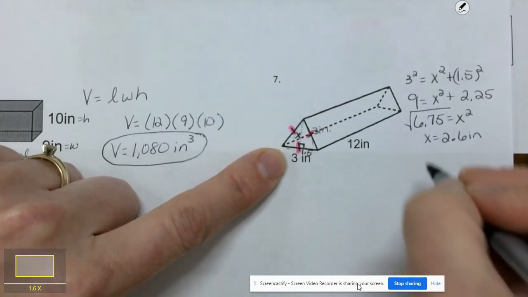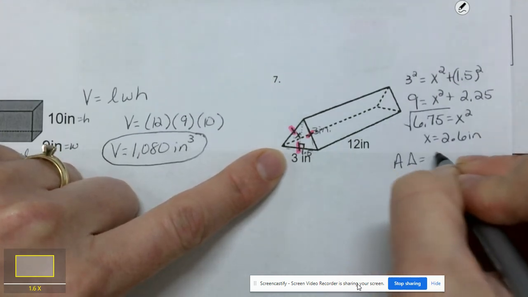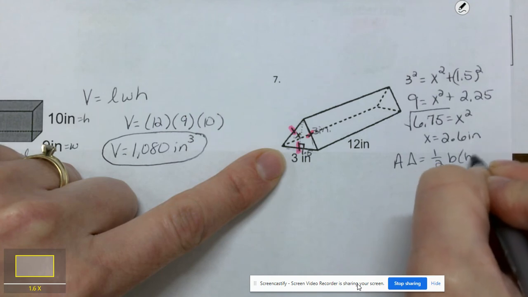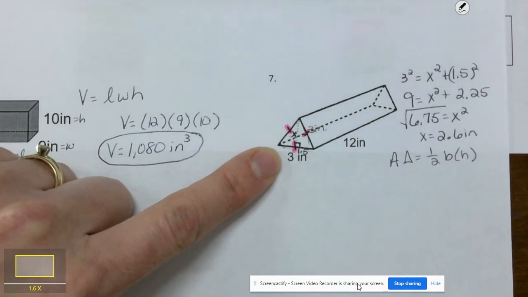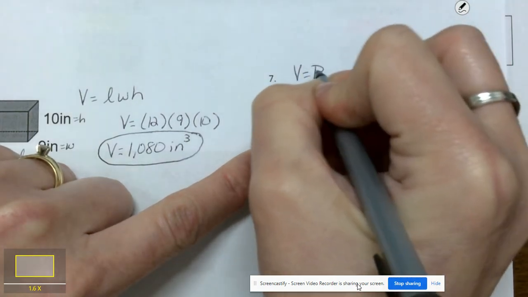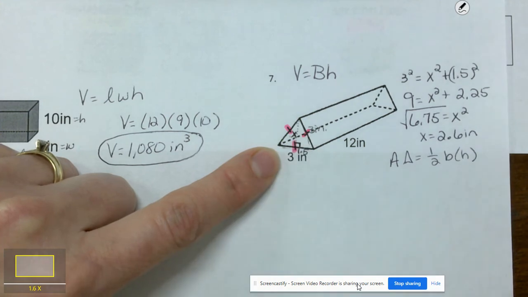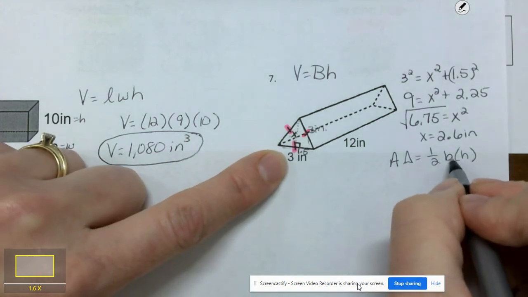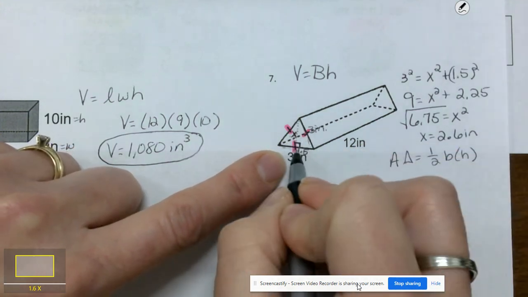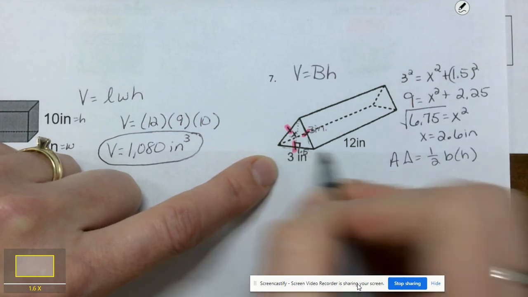I needed that height in order to do 1/2 base times height, because remember, I'm trying to get V equals the base times the height. So that means I need the base area of this triangle. All right, so now I've found the height. The base is 3 inches.